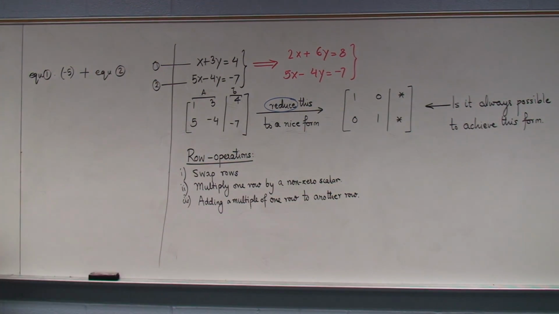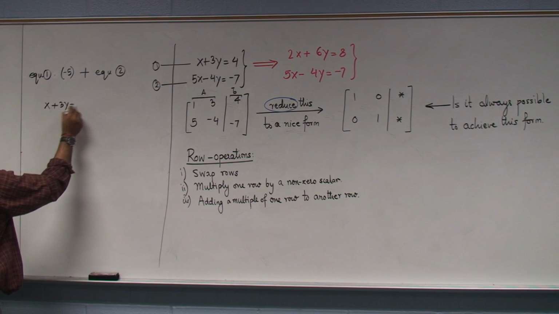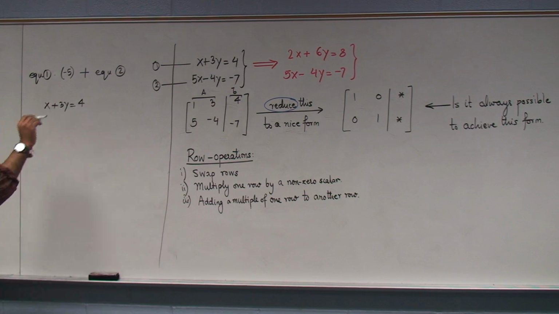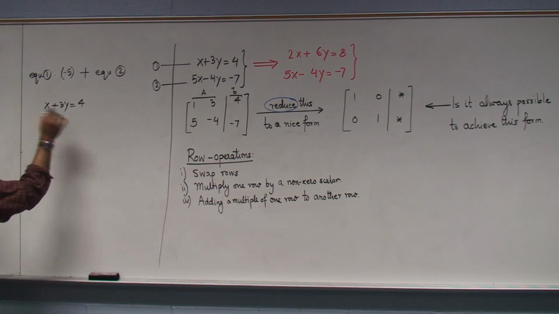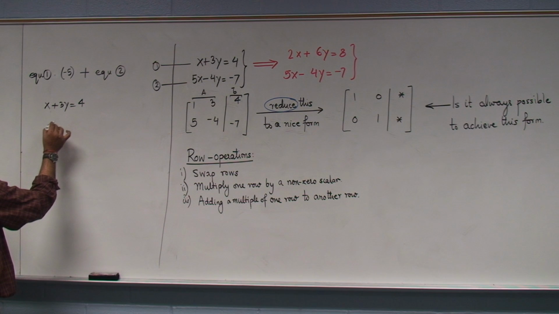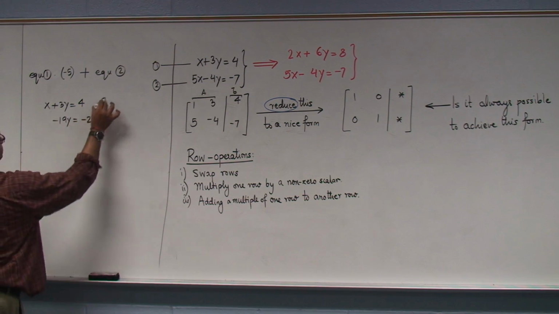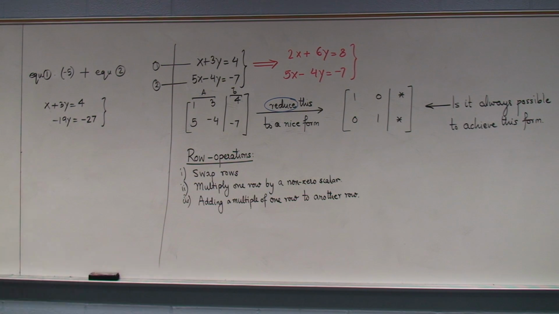So as you can see, we are performing the kind of row operation suggested here, adding a multiple of one row to another row. So that means adding a multiple of one equation to another equation. So what do we get? x plus 3y is equal to 4 remains as is. And I'm using that equation to do something to the second equation. If we do that, what we are going to get is minus 19y is equal to minus 27. So I have achieved a new system of equations from the old one.